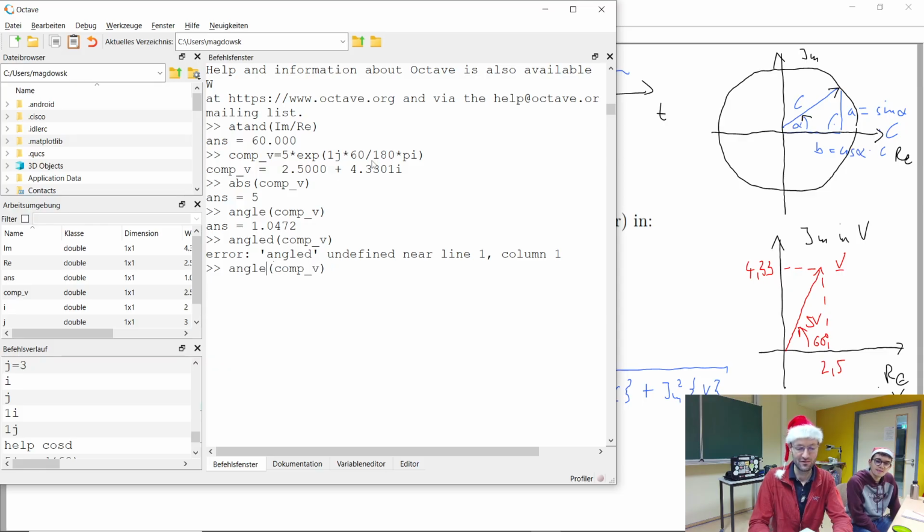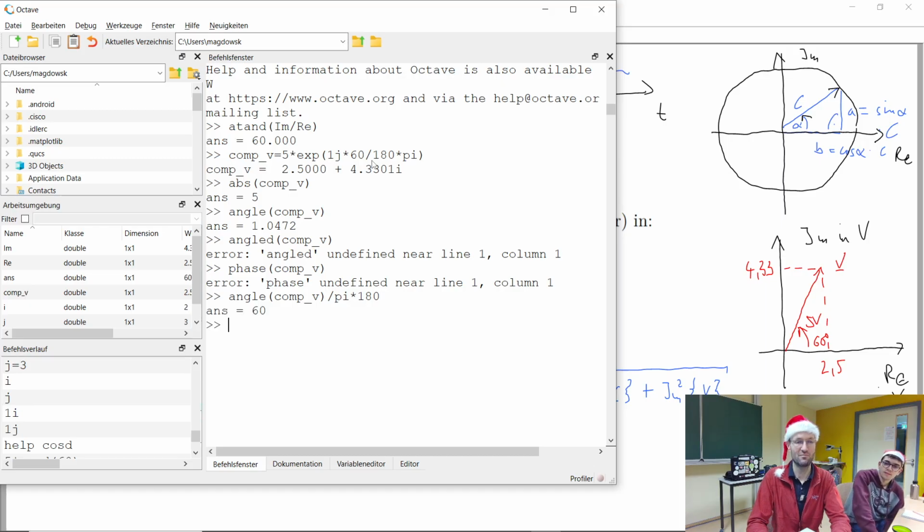So let's check if we have phase also. Phase, I think, works in MATLAB, but not in Octave. But if we take angle and now multiply with 180, or let's say maybe divide by pi first, then we get back 60.